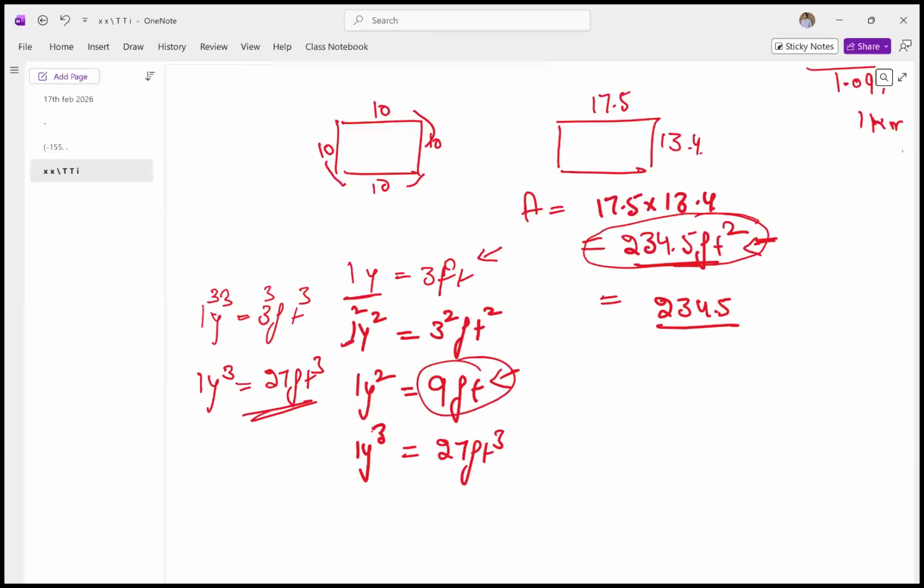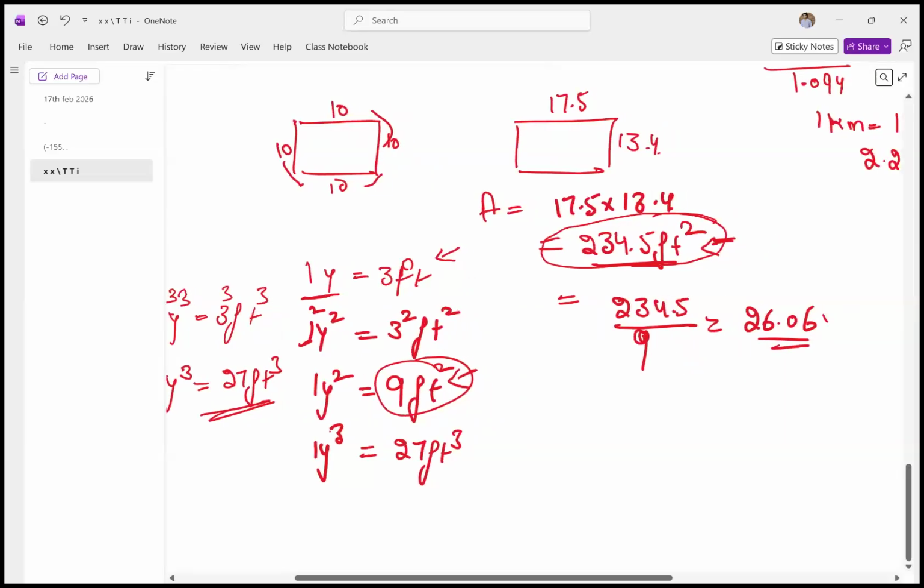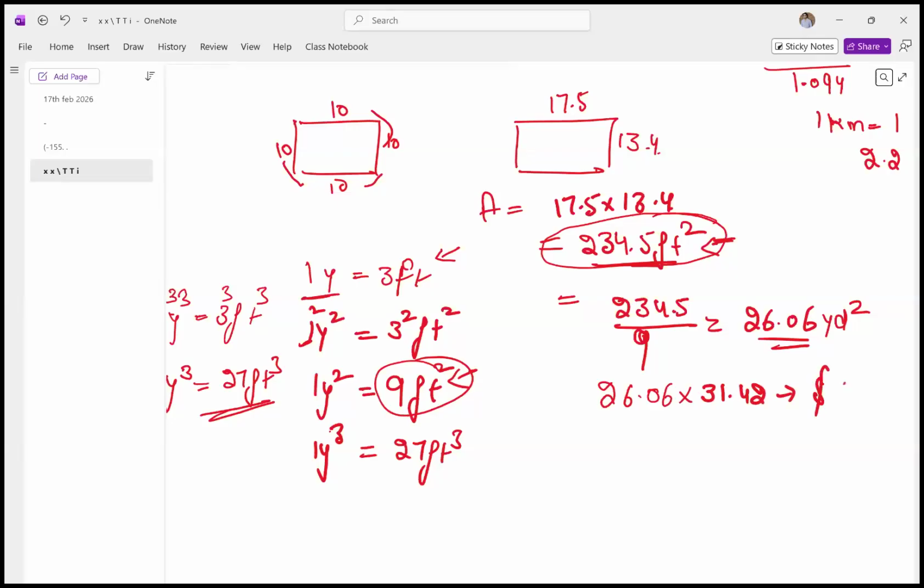This is square feet divided by 9. That's going to give me 26.06 approximately. And that is equal to this many square yards. And then I will find the total price I have to pay. So 26.06 multiplied by 31.42, that's going to give me approximately $818.8. That's what the number will be.